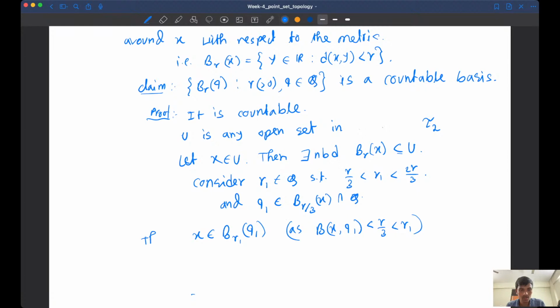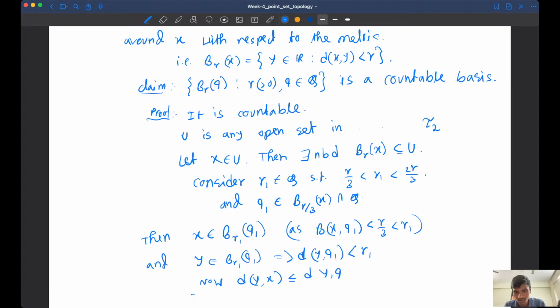And y belonging to B(q1, r1) implies d(y, x) is less than r. Now d(y, x) is less than or equal to d(y, q1) plus d(q1, x).